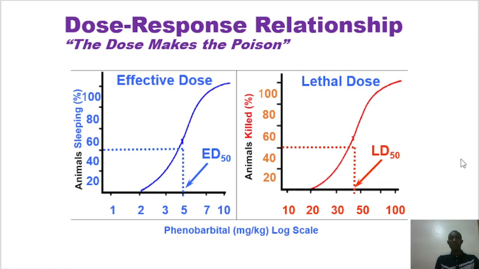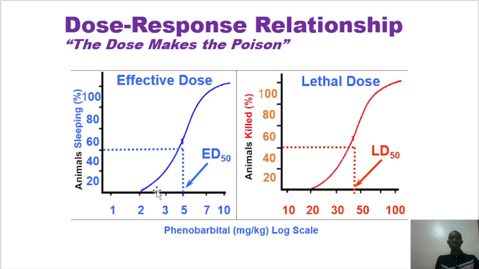This is how we shall come up with curves. We shall always have here our response, then here our dose. For example, this is curve 1 about effective dose. See that maybe for this substance, this is dosage, this is response. At 1, there's no response yet. At 2, that's when we saw the response starting.